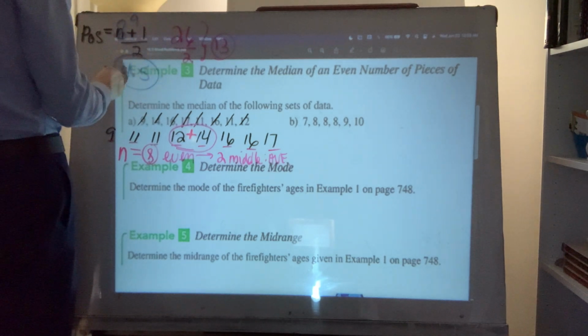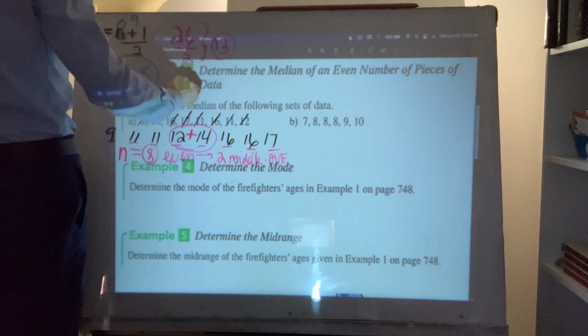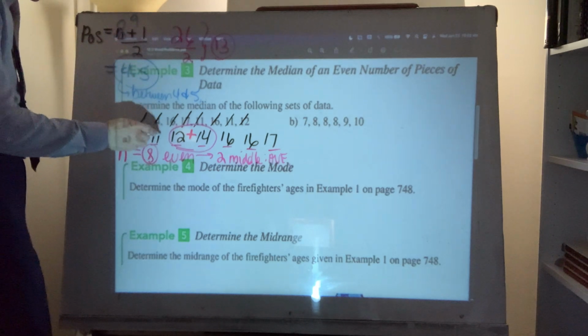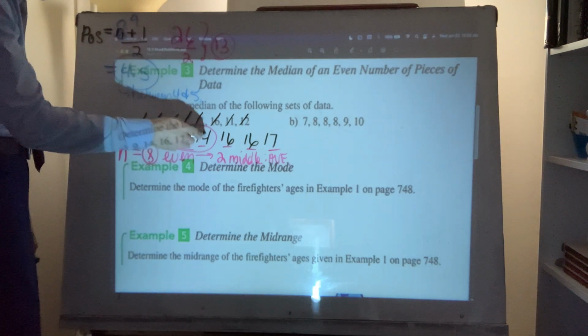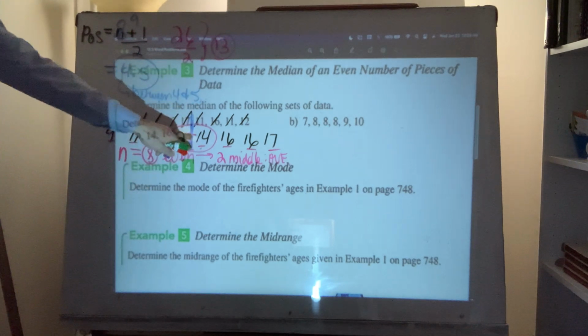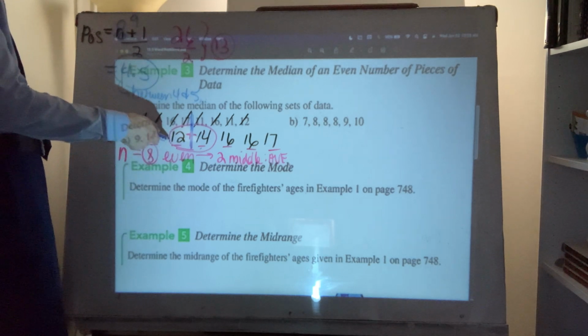So this is between 4 and 5, right? 1, 2, 3, 4 is 12, 5 is 14, and halfway in between would be that value of 13. So you would know to look for the 4th and the 5th.